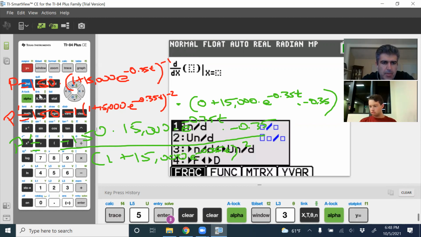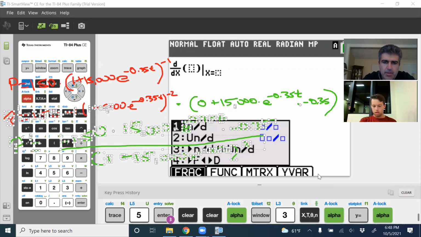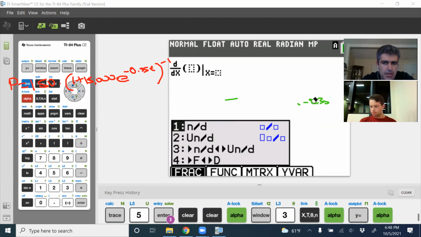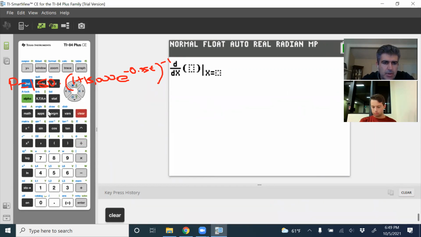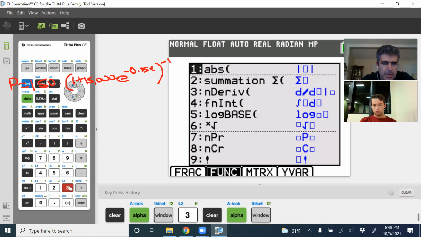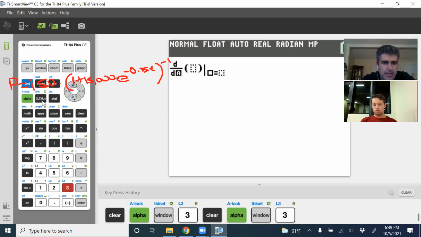Let me clear, it's hard to see what's going on. So again, alpha window, option 3, nDeriv, or math 8. Oh crap, hold on. Alpha window, third time's a charm. Here we go. And then put an x.